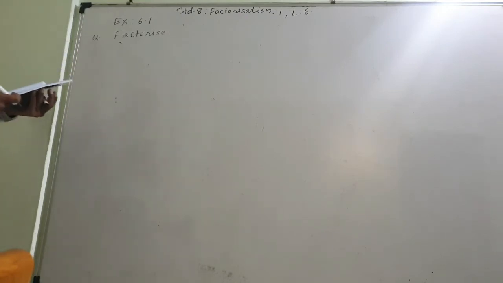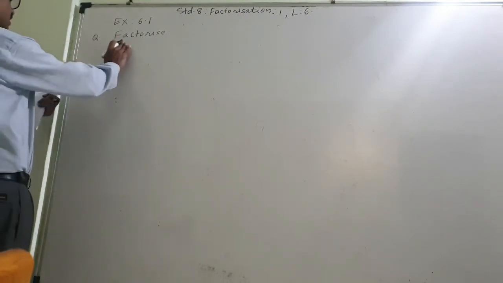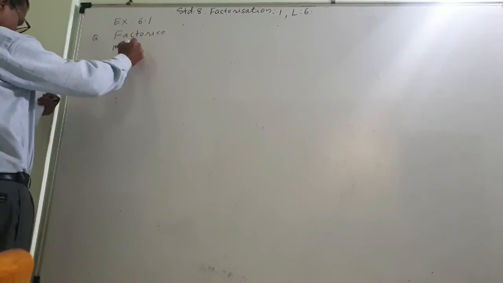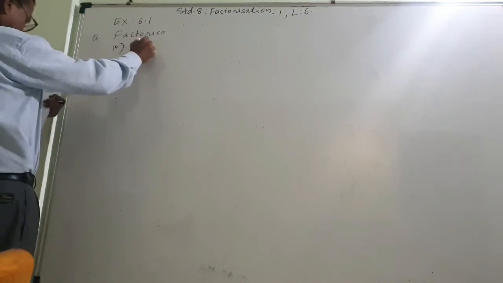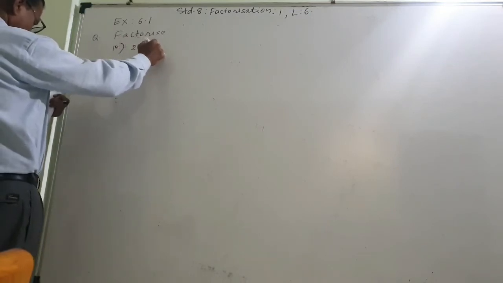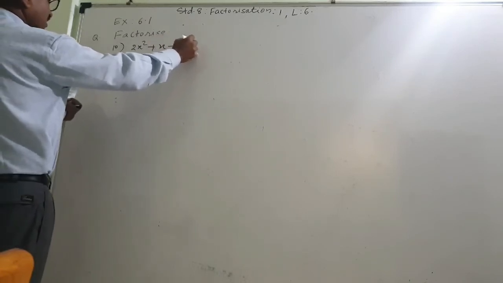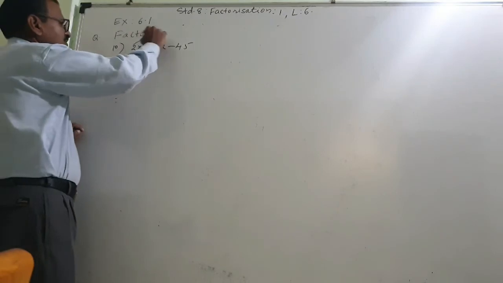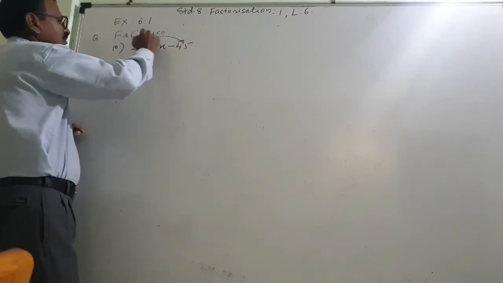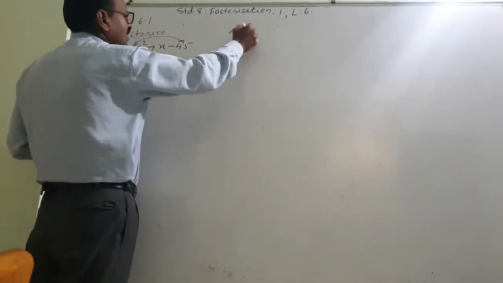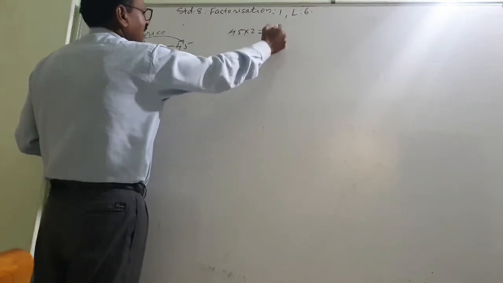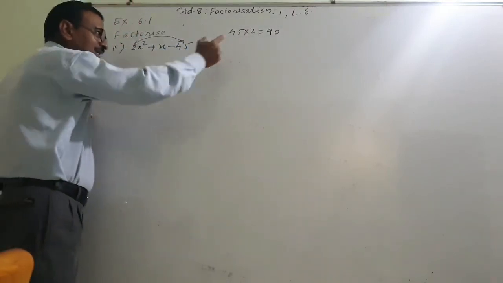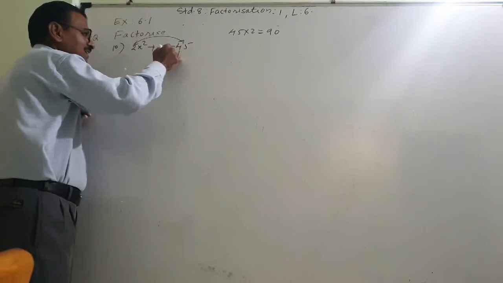So the 10th one also I am going to take. 10th one, 2x square plus x minus 45. This 45 into 2 is 90. Find the factors of 90 such that the subtraction is plus 1.